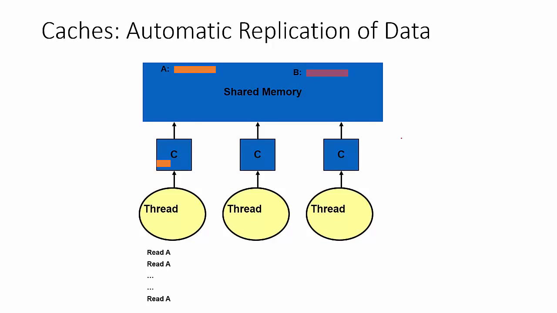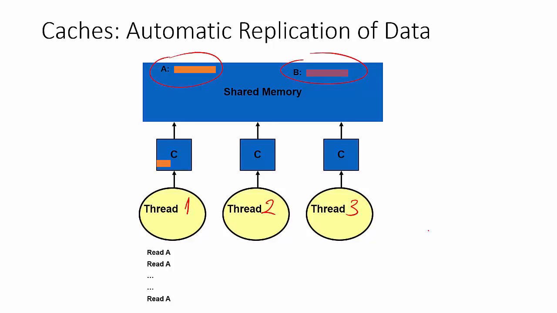I'm going to show an example here where we have two variables, variable A and variable B. These two variables are residing in memory, and they are 0 to begin with. And then we have three threads that execute instructions. So we have thread 1, thread 2 and thread 3. It's good to have names on them.